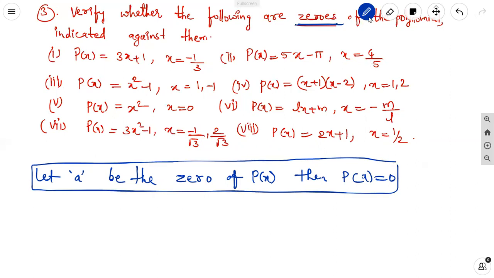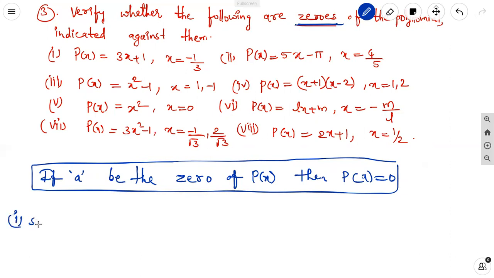Or if a is the zero of polynomial P of x, then P of a equal to 0. We substitute the given value a, x equal to a, in the place of x. If the polynomial becomes 0, then the value is said to be the zero of the polynomial.